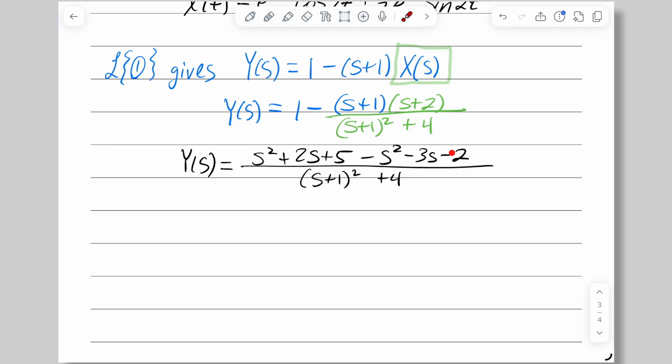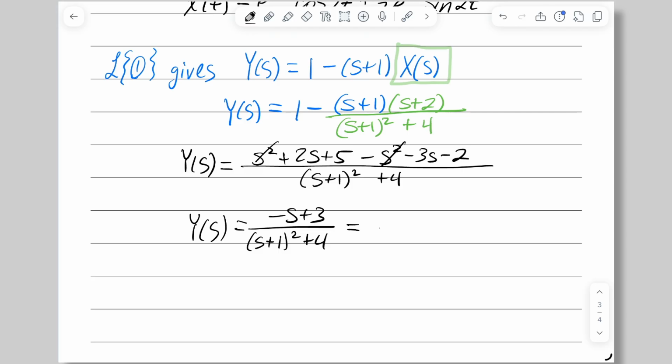The degree of the numerator is the same as the degree of the denominator, and that means that the limit as s approaches infinity isn't 0, except that it is, because the s squareds subtract out. We find that y of s is equal to negative s plus 3, that negative is part of the numerator, not in front of the fraction, divided by s plus 1, the quantity squared, plus 4.